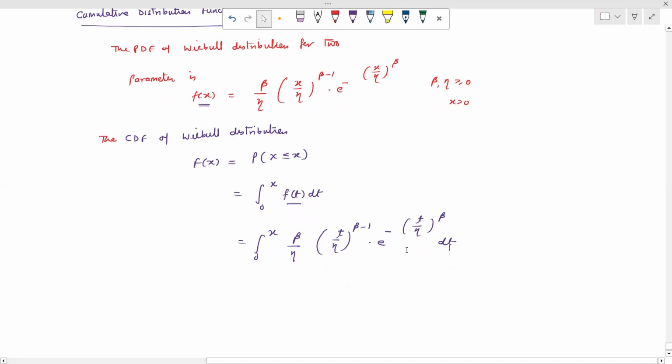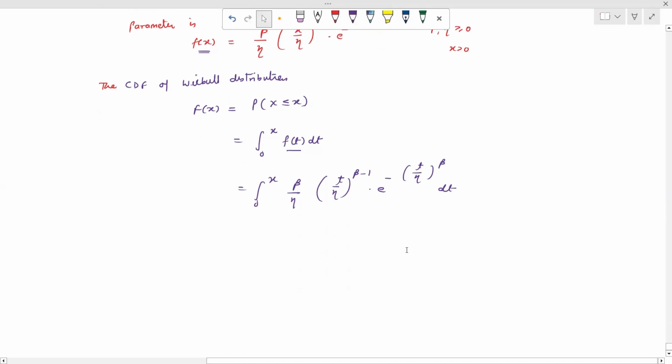Now, to evaluate this integral, we use substitution. Let (t upon eta) raised to the power beta be equal to y. So t upon eta can be written as y raised to the power 1 upon beta.